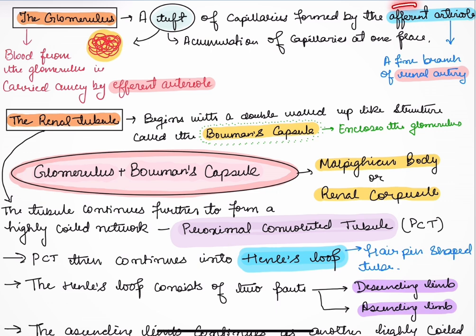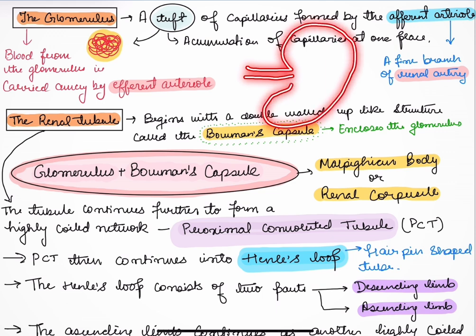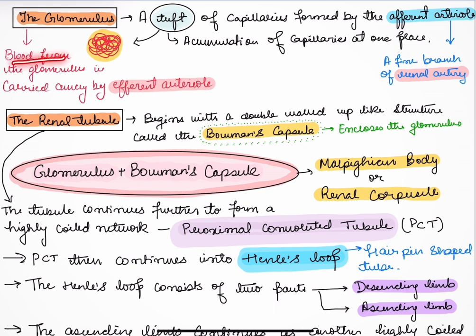Now what is this afferent arteriole? So afferent arteriole is nothing but a fine branch of the renal artery. Remember the renal artery which entered the kidney through hilum. So the blood from the glomerulus is carried away by efferent arterioles.